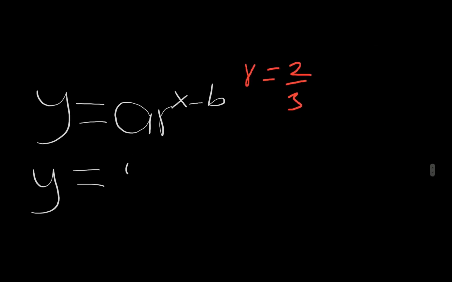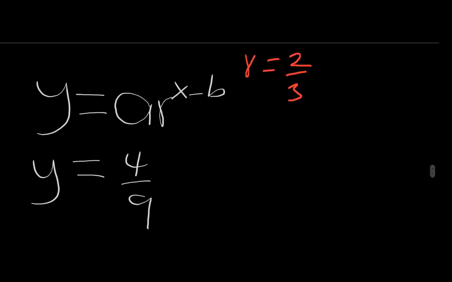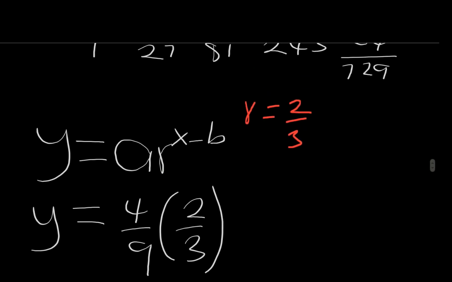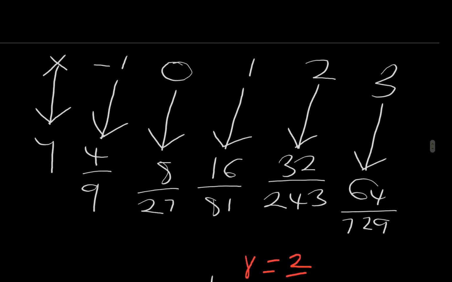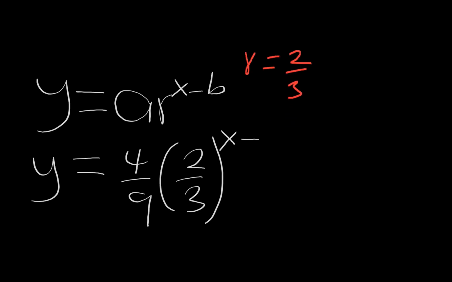Now, let's proceed. So we now have y to be equal to a. a is 4 divided by 9. That's the first element in the codomain, as you can see here. Multiplying r. What's my r? My r is 2/3. Exponent x minus b. b is the first element in the domain. In this case, it's -1. So x minus -1.